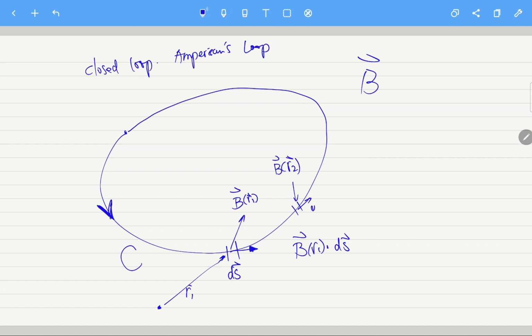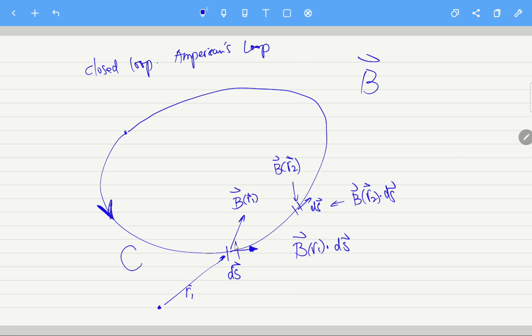So this is another ds, which is a tangent direction to this curve here. So this point will be like B of r2 dot ds.